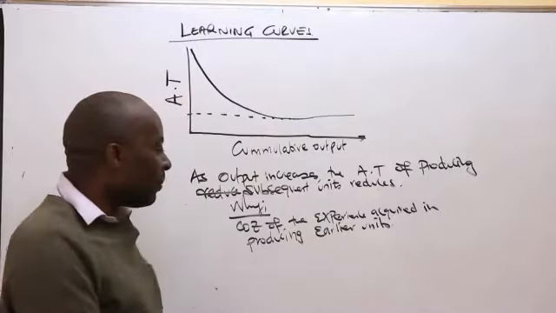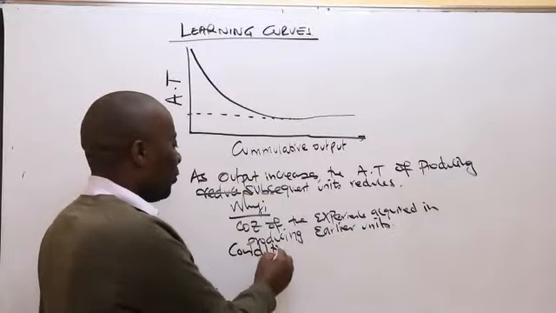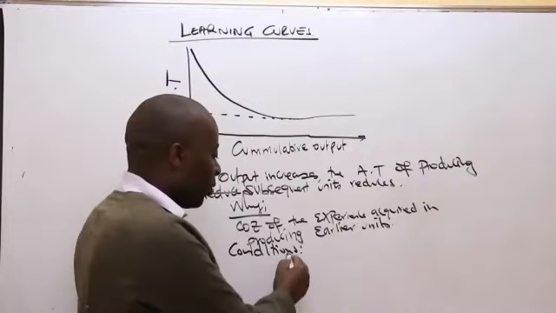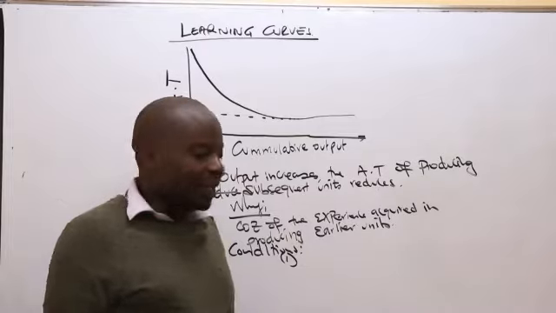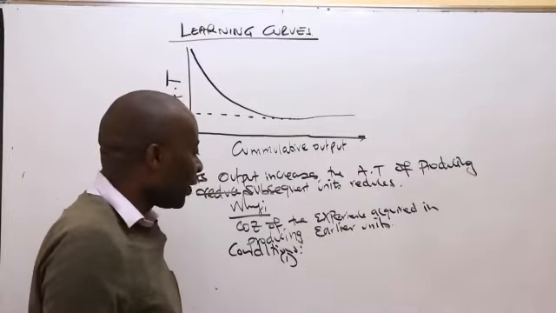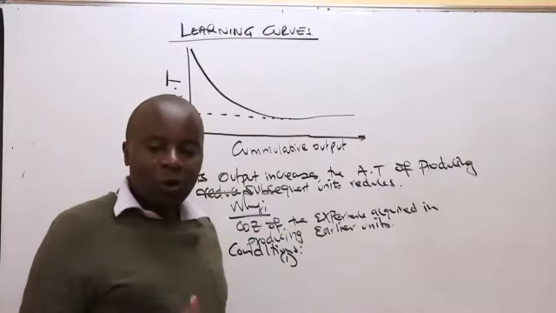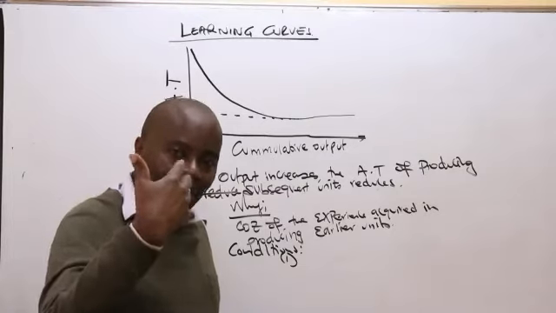But again, remember here, there are a few conditions that must be met. Number one, the work must be repetitive. What we call production of homogeneous products.